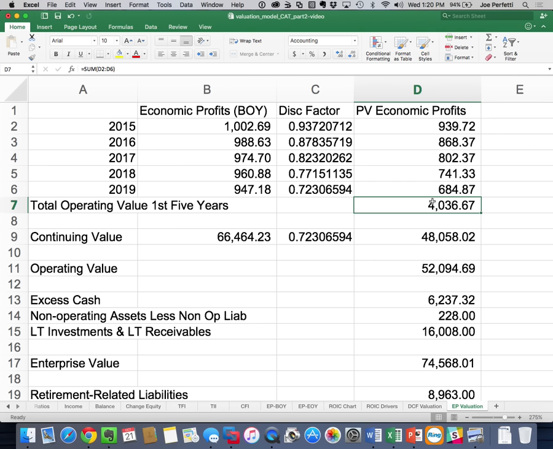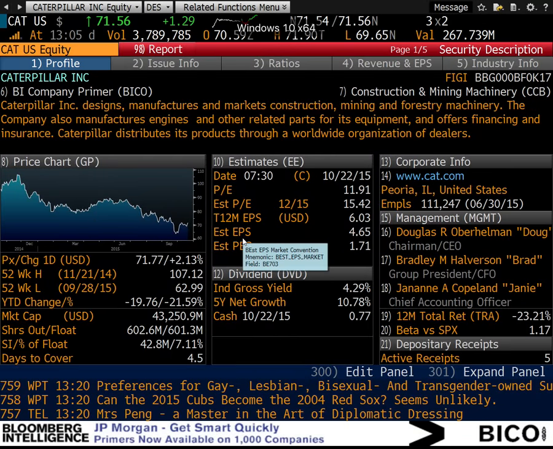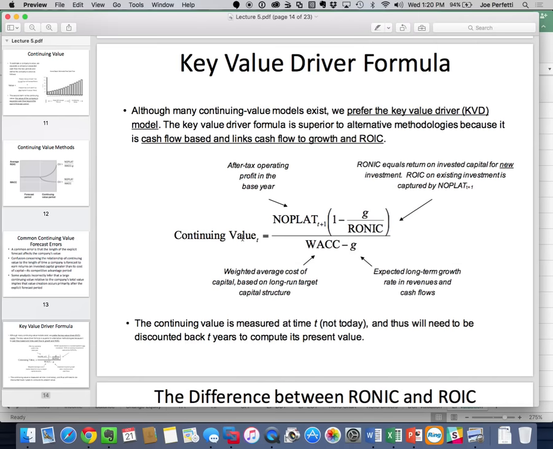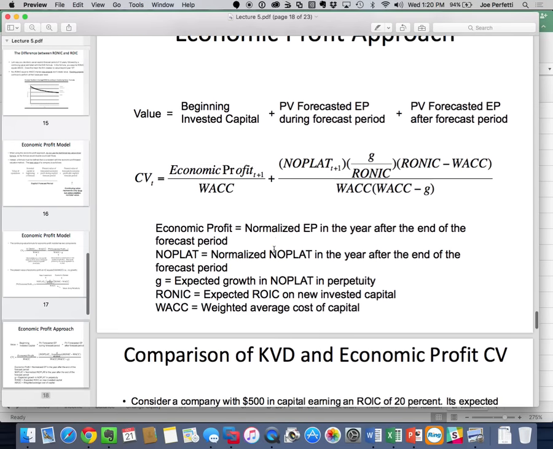But CAT is going to continue operating after year 5, so we also need a continuing value of the economic profit. Now that is a different formula than the key value drivers. It was talked about in your readings, but basically it's that formula.